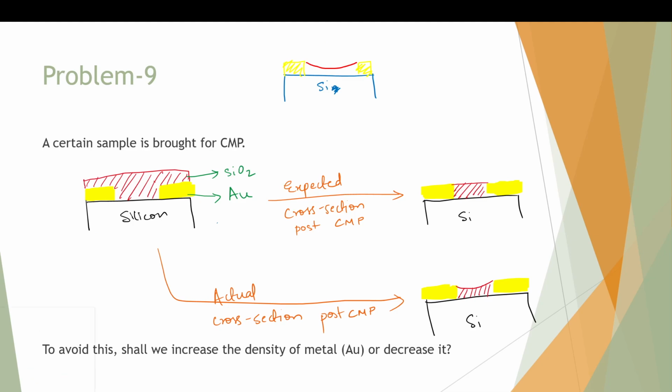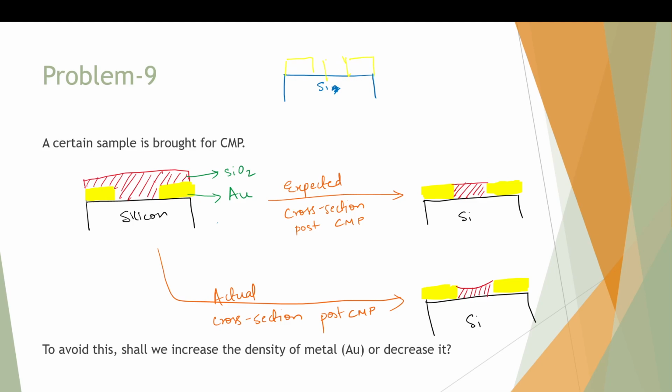If I have gold even in the middle here, now what will happen? Now the SiO2 will reduce from this part, but then again there is gold here. So earlier it was like this.